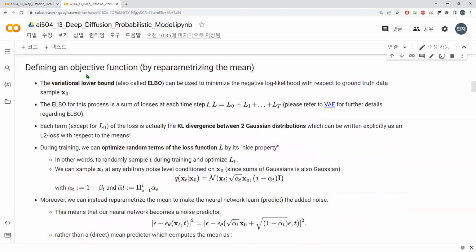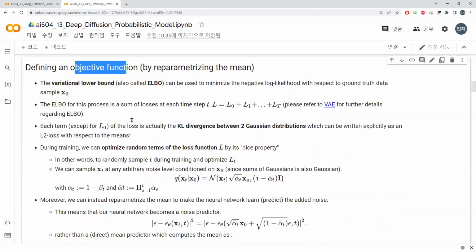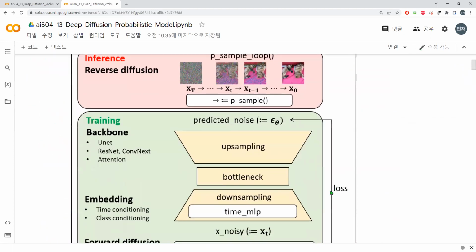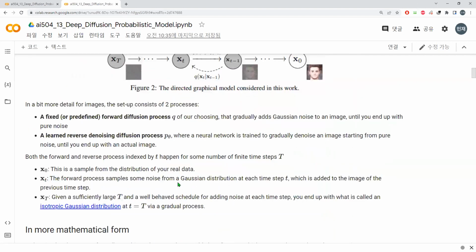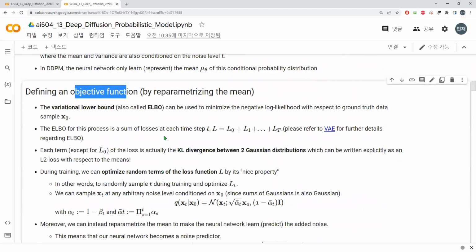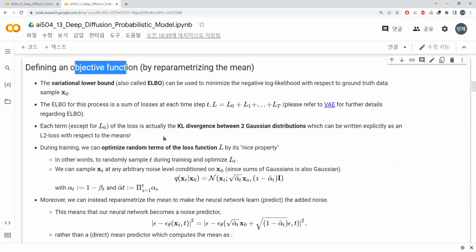Okay, next step is the objective. I simply explained the loss by this for brevity, but let's go further. For further detail, please look at this part.